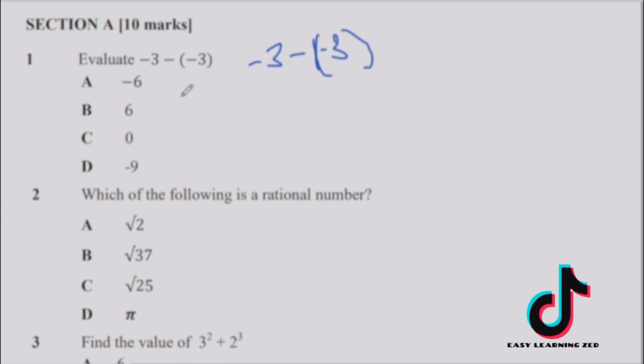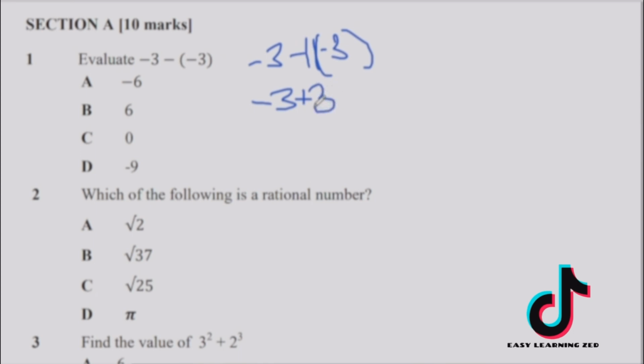So for us to do this, I'm going to rewrite -3, the first one, until I evaluate negative and -3. So here we can multiply negative by -3, and if you're confused, you can also put 1 here. We say -1 times -3, which will give us +3.